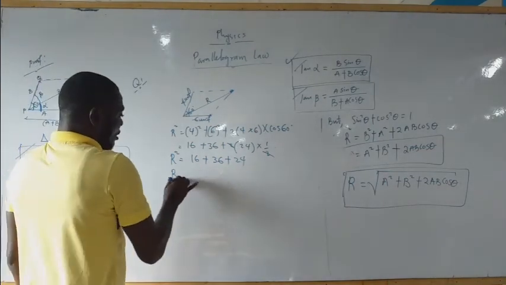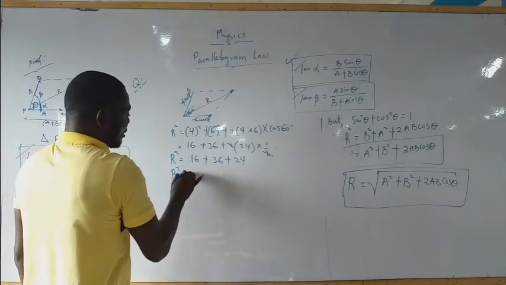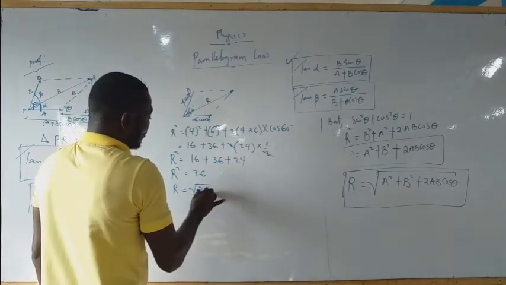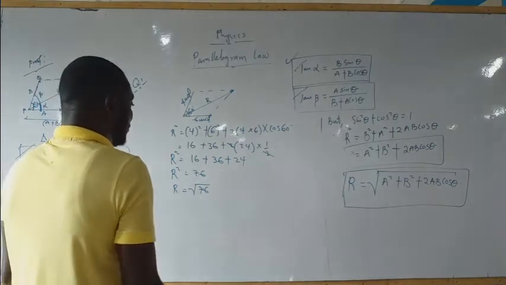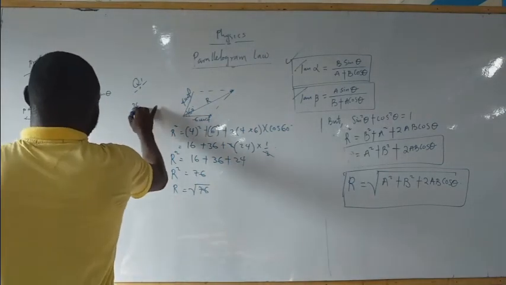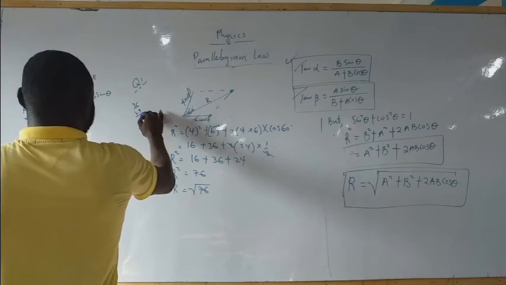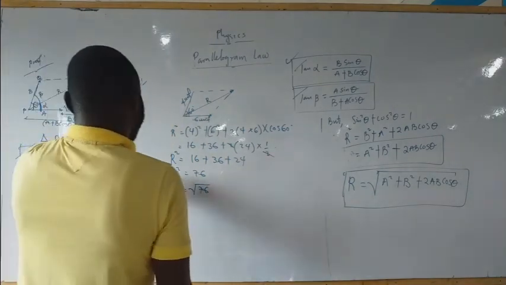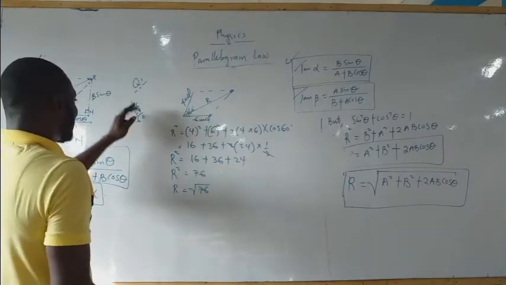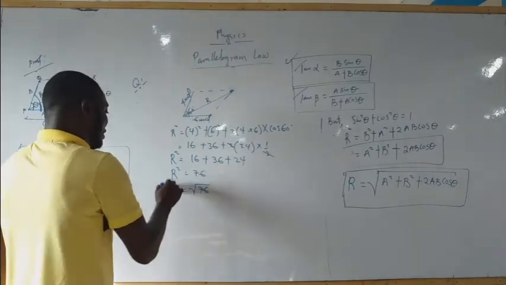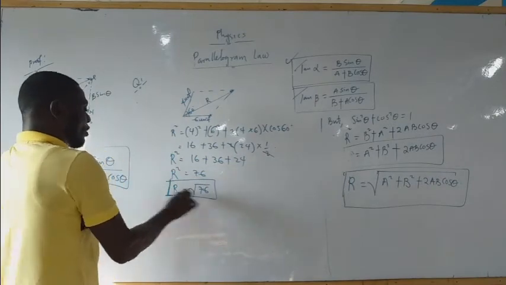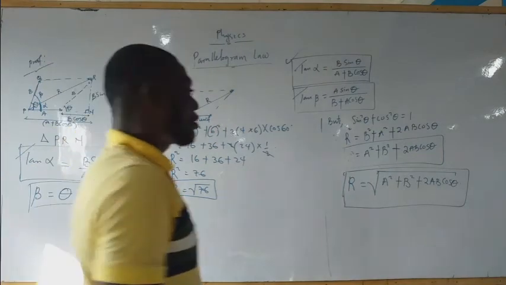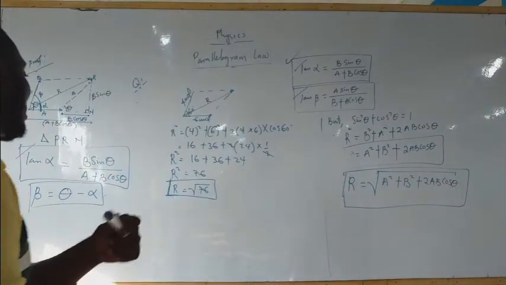So R squared equals 76, and R will be the square root of 76. This gives us the magnitude of the resultant, which is a vector quantity.